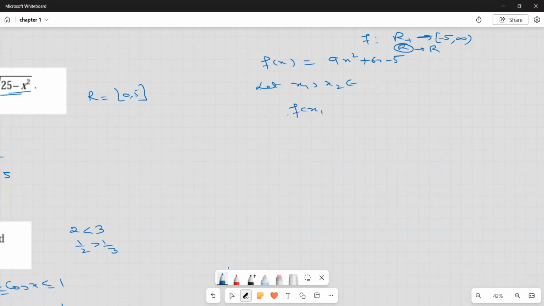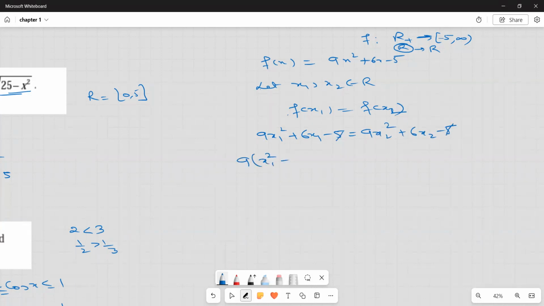I am taking R. f of x1, let the image be the same. So that will be 9x1 square plus 6x1 minus 5 is equal to 9x2 square plus 6x2 minus 5. 5 cancels, bring all the terms to this side. 9 times (x1 square minus x2 square) plus 6 times (x1 minus x2) is equal to 0.